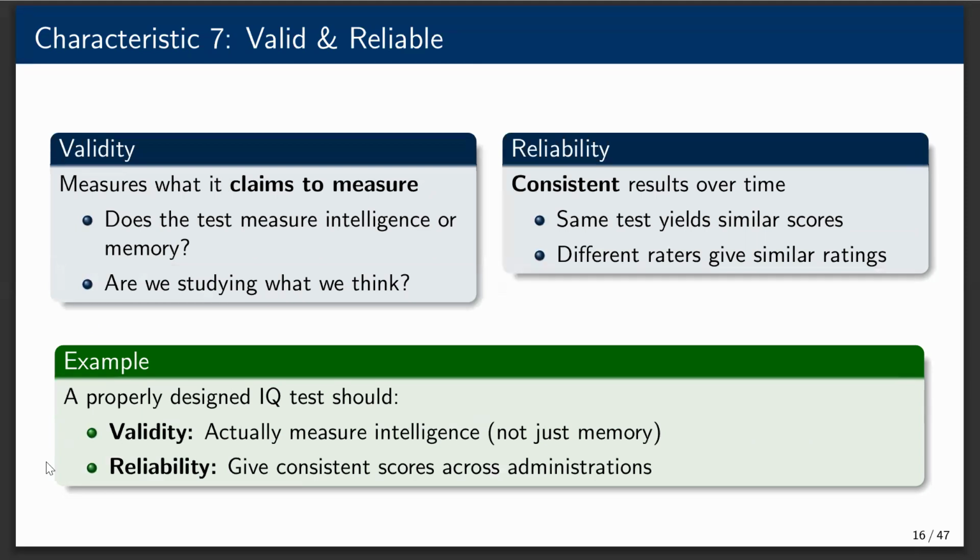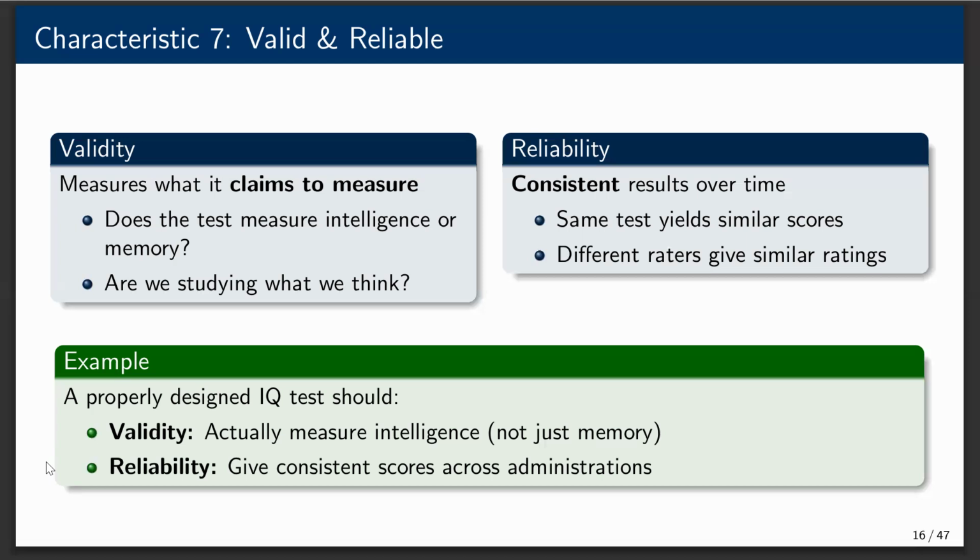Now next is characteristic number 7. It should be valid and reliable. Validity means it measures what it claims to measure. Does the test measure intelligence or memory? Are we studying what we think? That is the validity. And when it comes to reliability, consistent results over time.